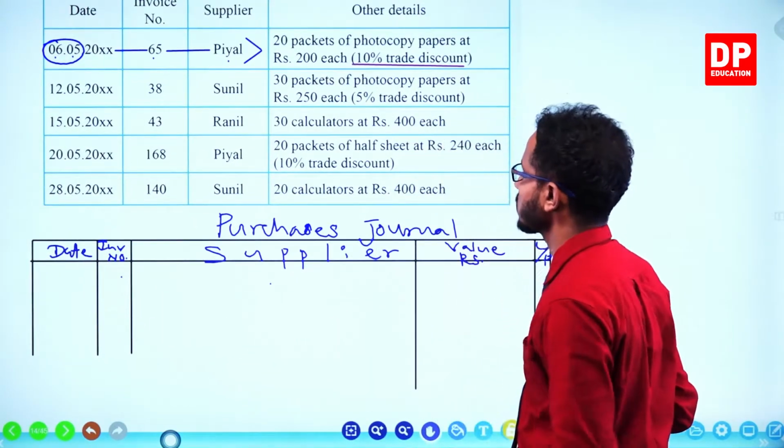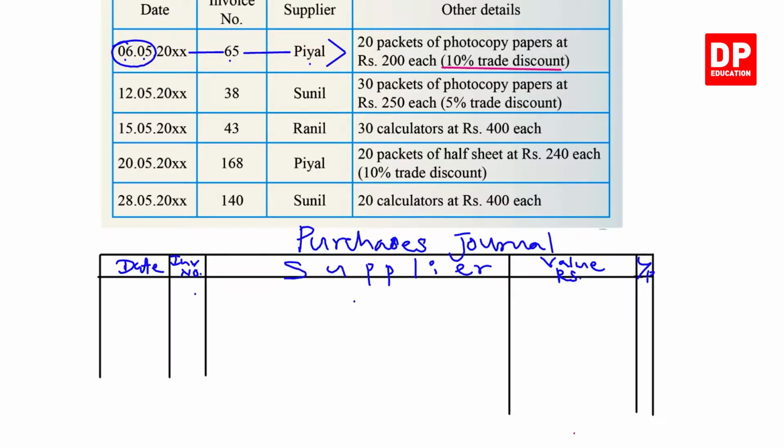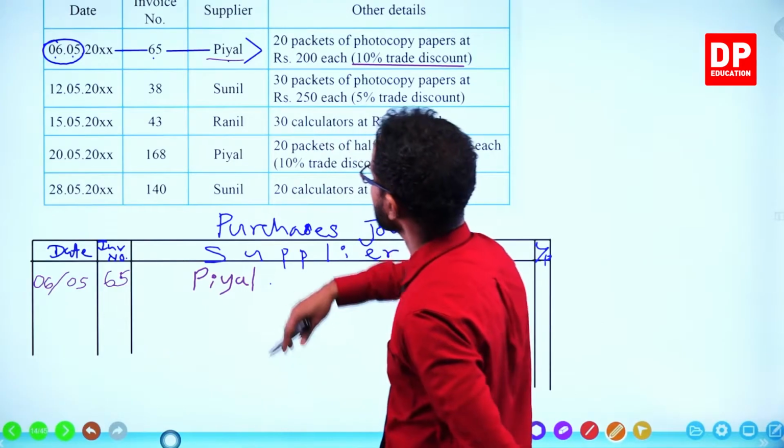All right. 6th of May. Let's put the date, children. 6th of May. Invoice number 65. Supplier's name PR. Amount we have to calculate.